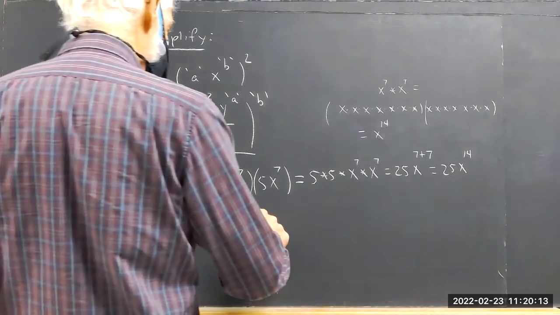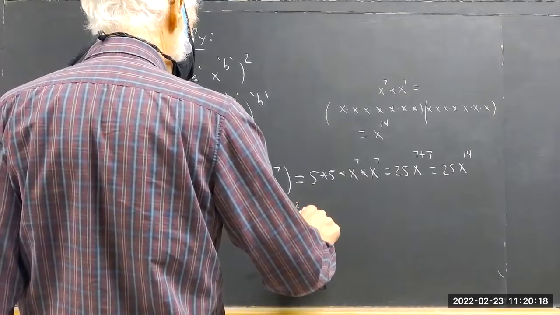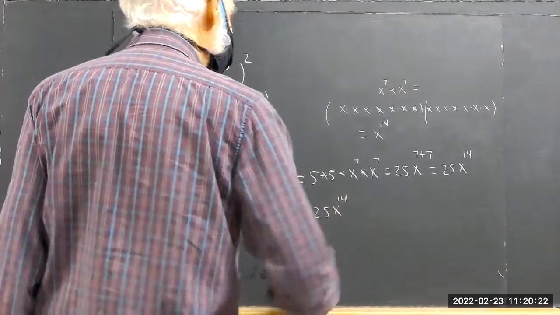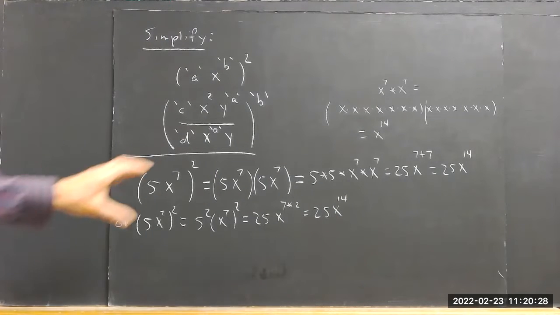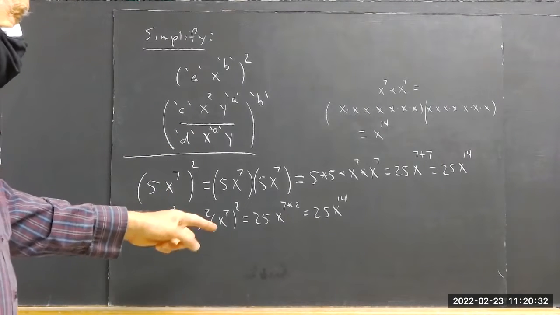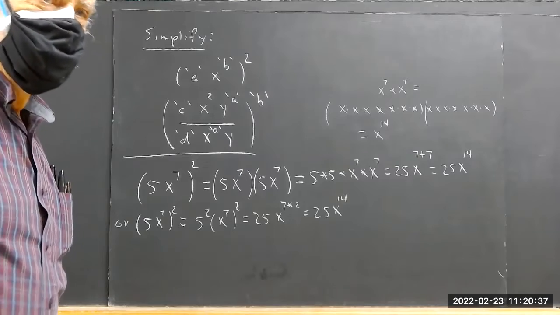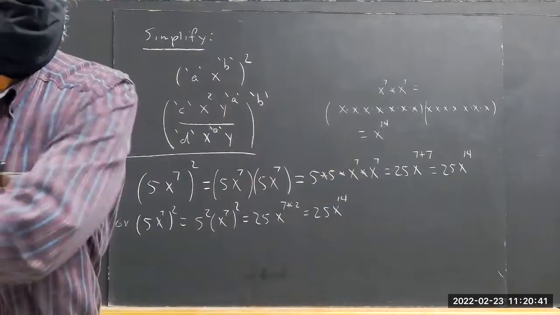And that's then 25 x to the 7 times 2, 25 x to the 14. Okay? Try to understand it both ways. Try to visualize it both ways, even if you had x to the 38th to the 50th power. Well, what's that mean? You got 38 x's, and you got to do that 50 times.